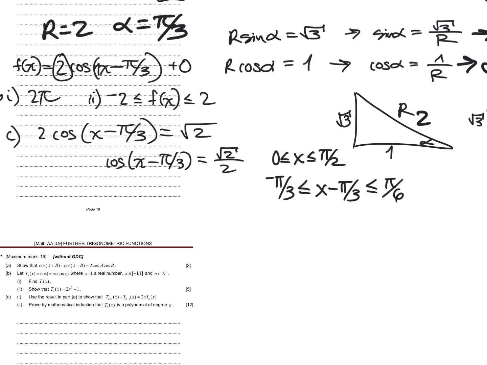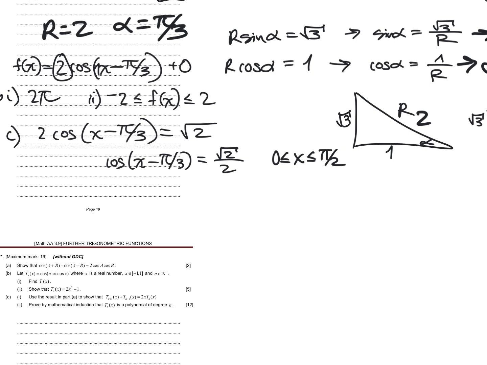Okay, so cosine is root 2 over 2 at negative pi over 4, because we're from negative pi over 3 to pi over 6.